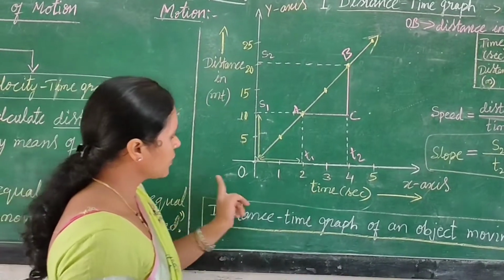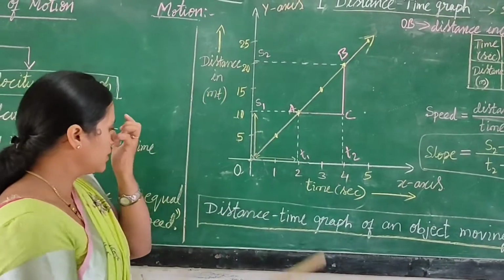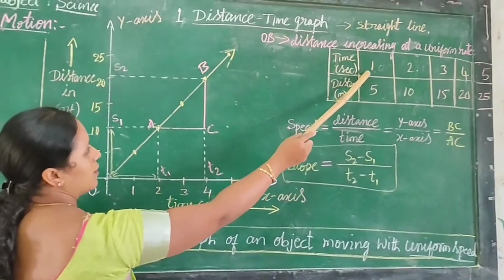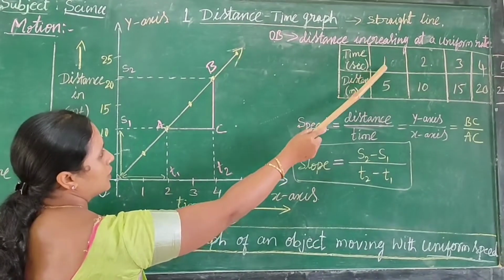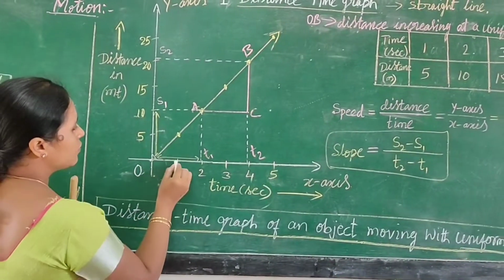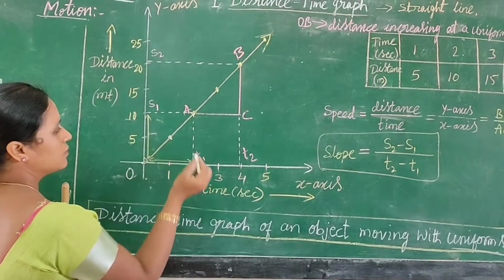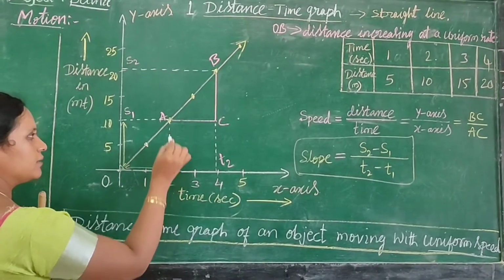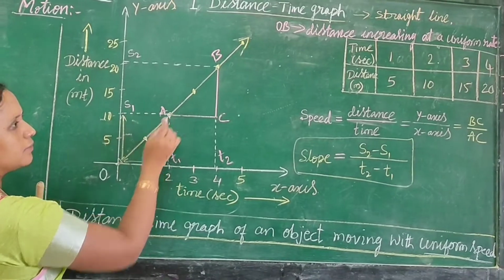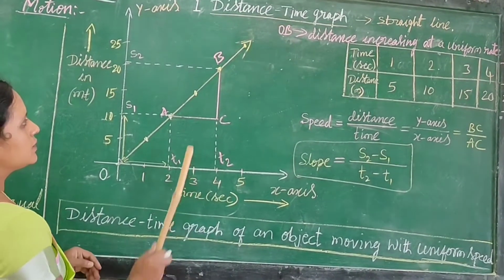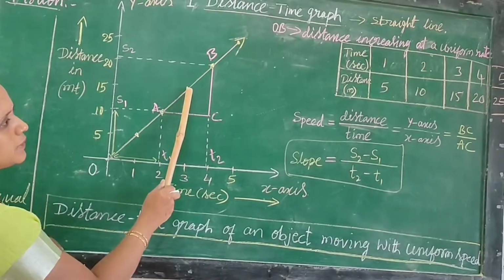Okay students, after plotting this convenient scale, now I want to plot the graph. Students, in 1 second the distance travelled is 5 meters. In 2 seconds, the distance travelled is 10 meters. You can observe the table. And in 3 seconds, the distance travelled is 15 meters.